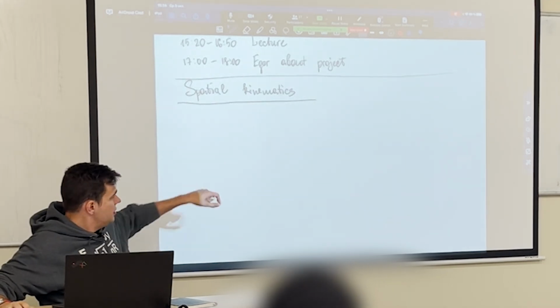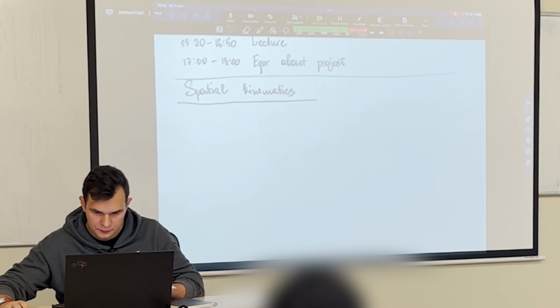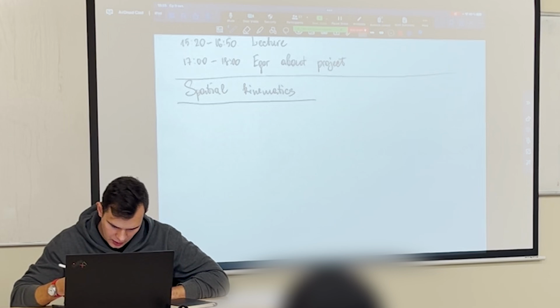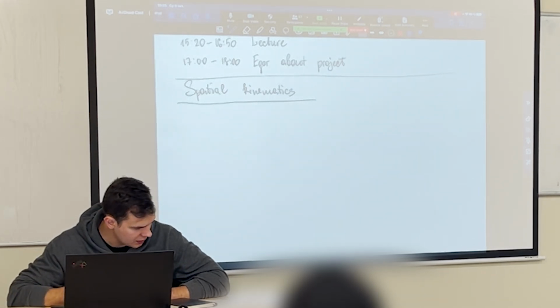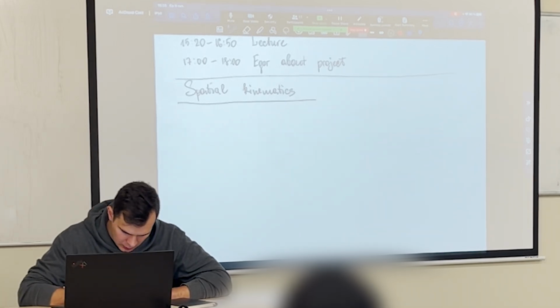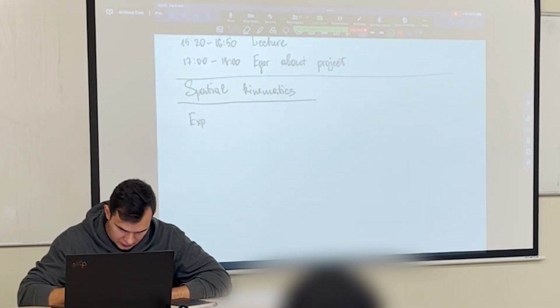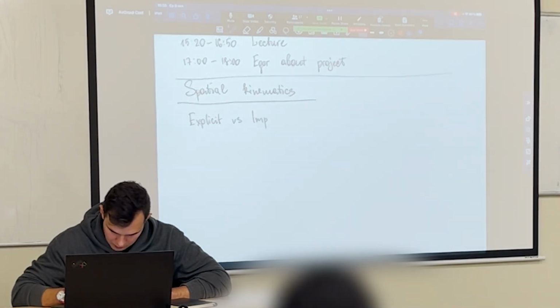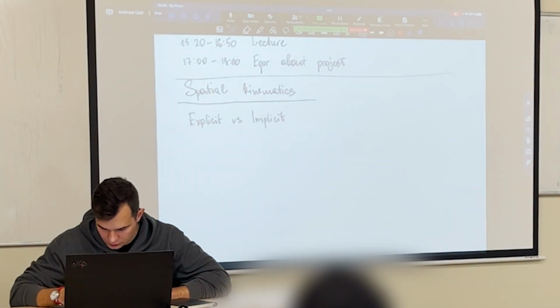You will see the iPad screen. The first idea that must be covered is the difference between explicit and implicit coordinate representation.